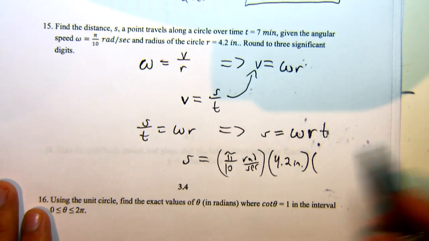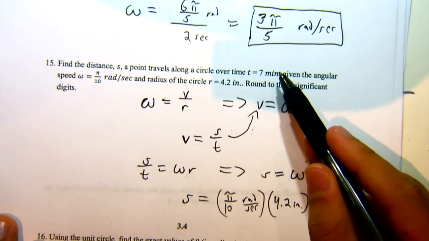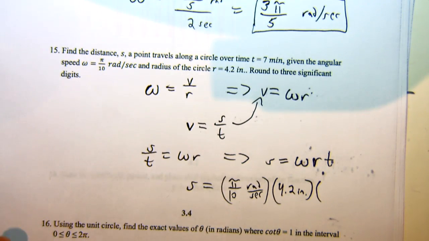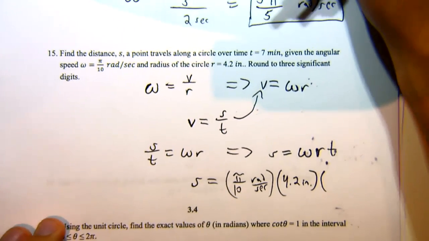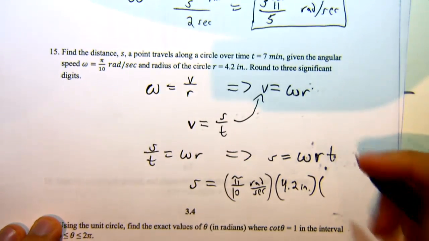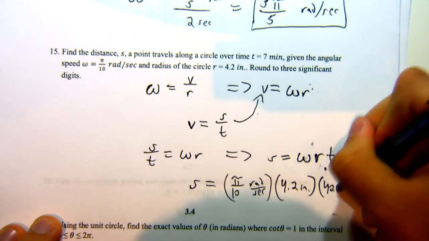Seconds? Okay, good. So we have radians per second here, so we need to make sure our units line up, because we're given 7 minutes. So how many seconds is that? Excellent, 420. So we got 420 seconds here.